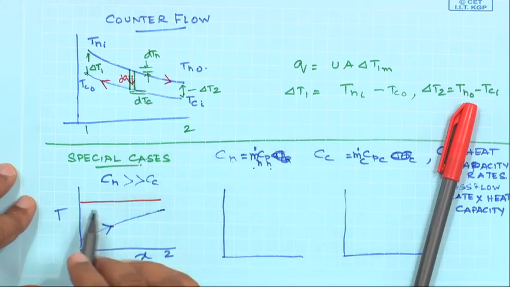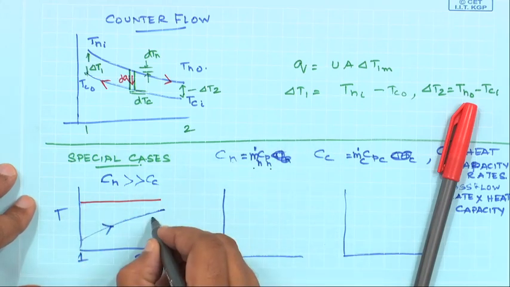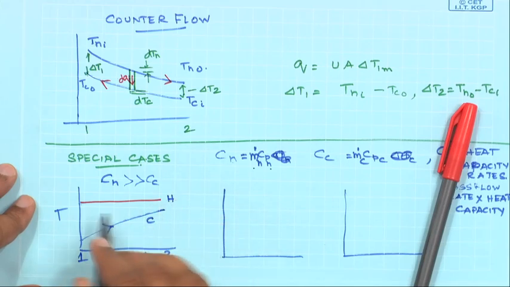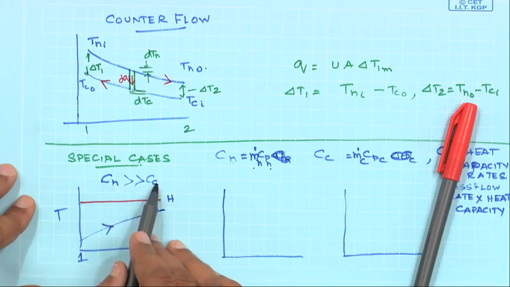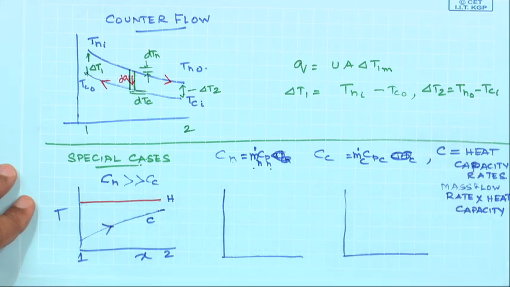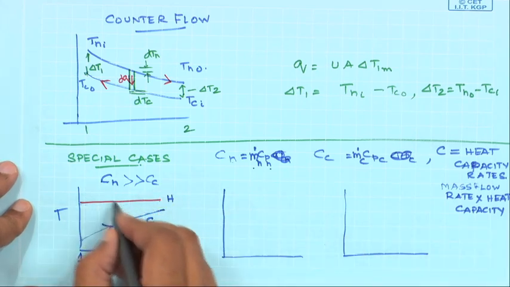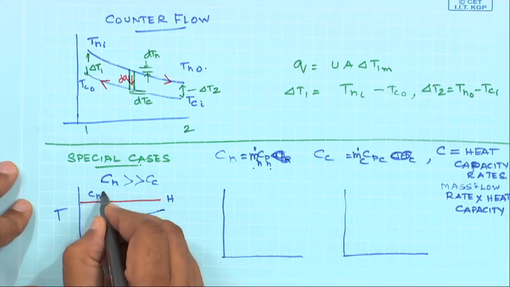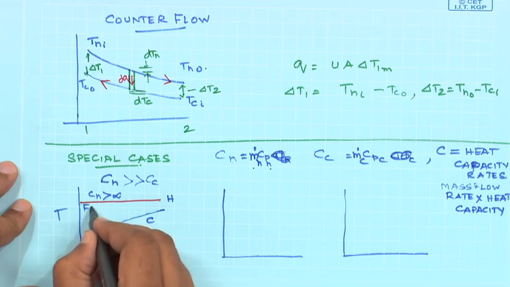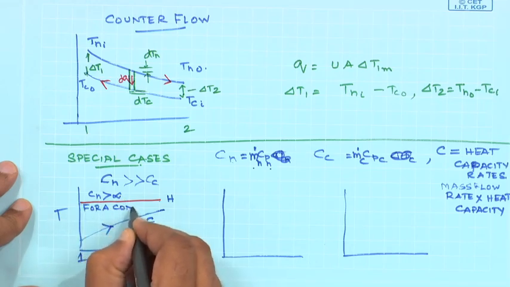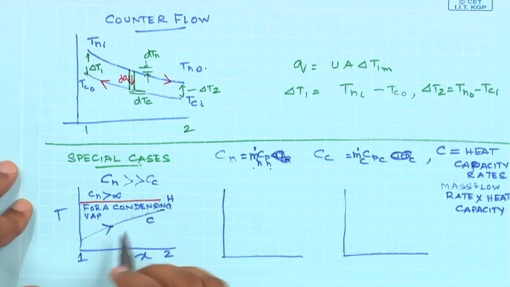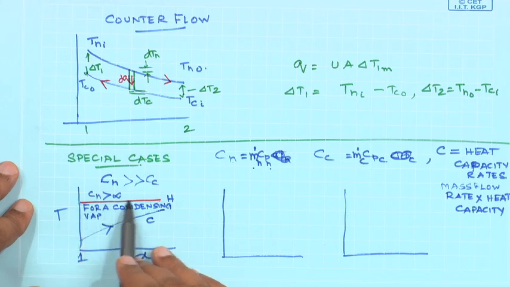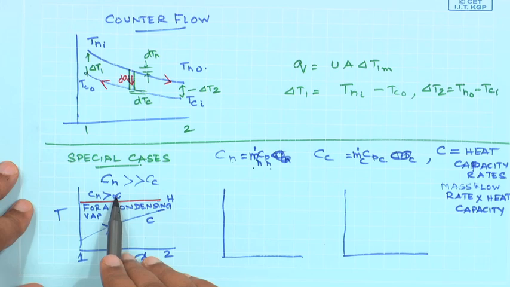This is for the cold fluid and this is for the hot fluid, and the hot fluid temperature does not change at all when C H is very large as compared to C C. So in this case this straight line is when C H tends to infinity, that means, let us say, for a condensing vapor. For a condensing vapor, the temperature, as I mentioned before, will remain constant, since for a condensing vapor the C H will tend to infinity.